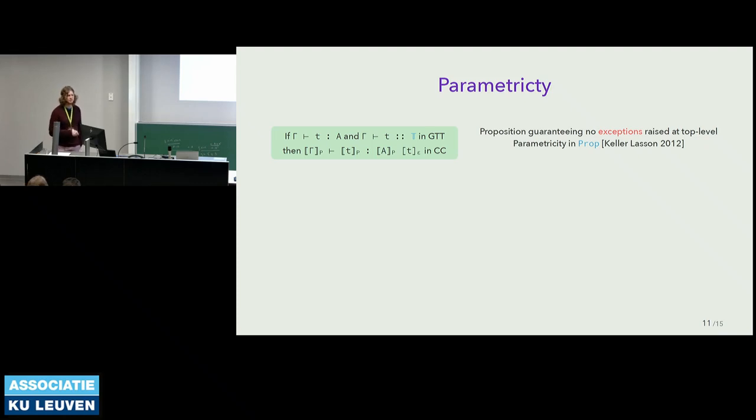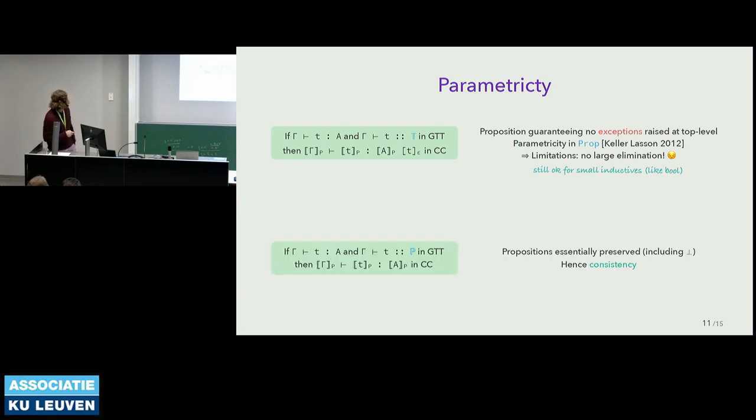I hope I don't need it, because then I can do better. Because if I use parametricity in prop, then it limits my elimination, so I have no large elimination. And I was too sad to have that on the slide, so this week I at least showed that you have it for bool and you have it for all small inductive types in the sense of Christine Paulin. But okay, that's just a small note.